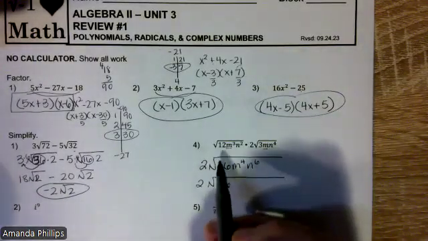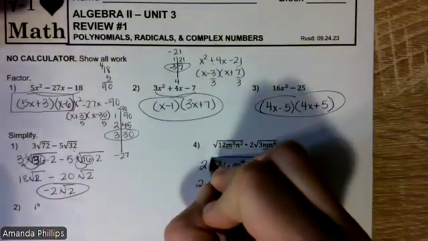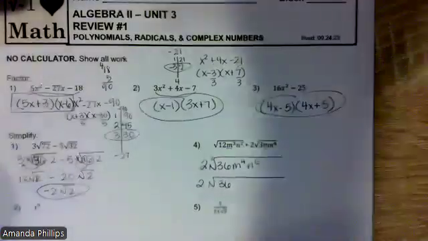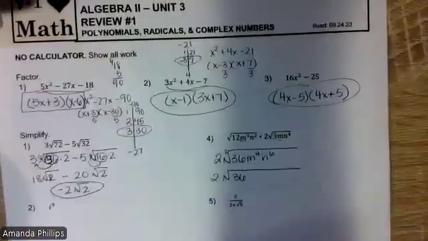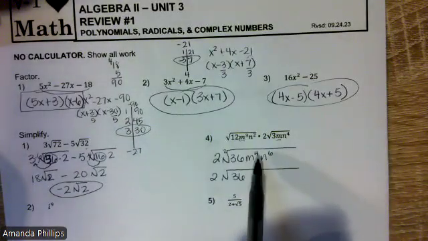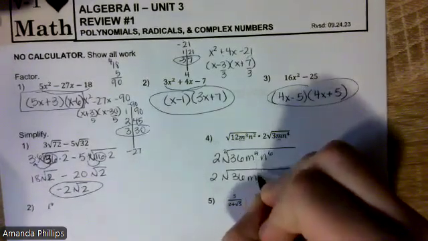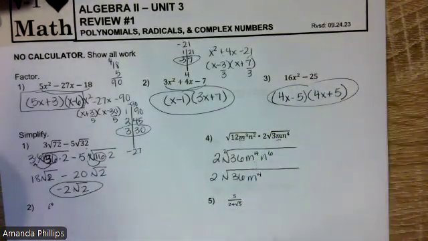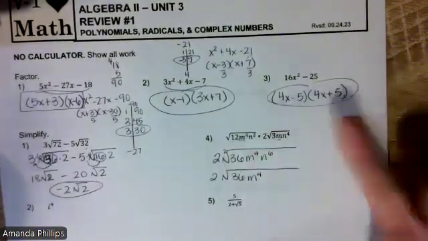And then we are trying to take the square root of these numbers. Now remember, on a square root, the index is 2. And so when we're dealing with exponents, what we're really doing is just dividing by that exponent. And so can I divide 4 by 2? I can. So in a moment, I will be able to completely take the square root of m to the fourth. Can I do n to the sixth divided by 2?